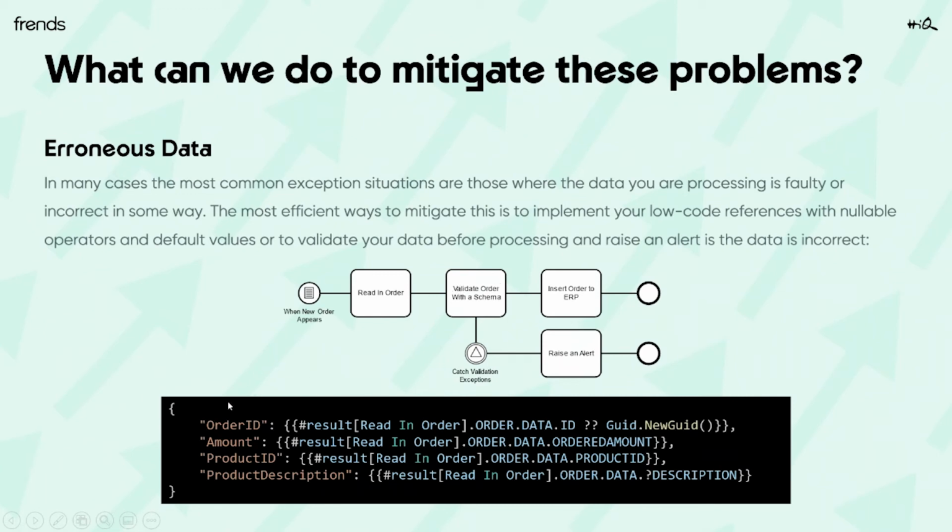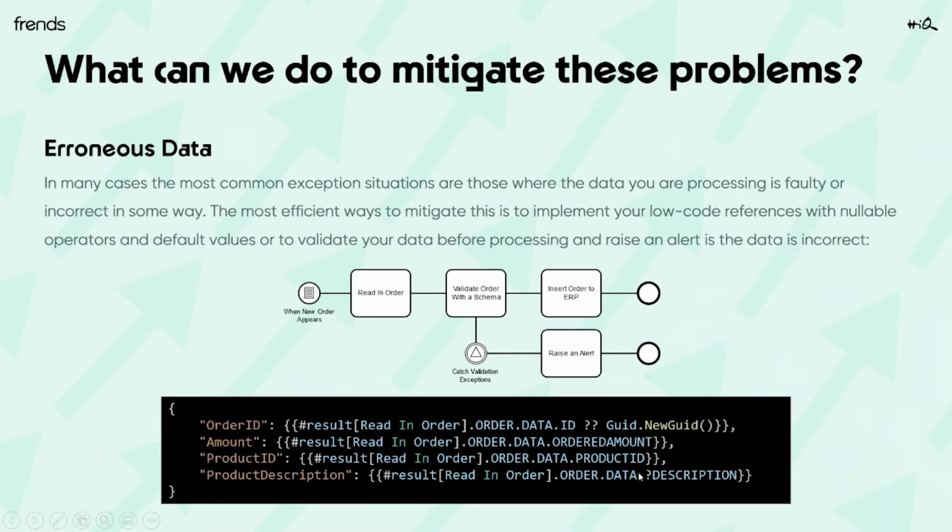So that part of the integration where you are doing the mapping will go into an exception state because you are trying to do a mapping against a data portion that doesn't exist, but we have options to deal with that. So that actually means that we could put in a question mark before the reference to our desired field.